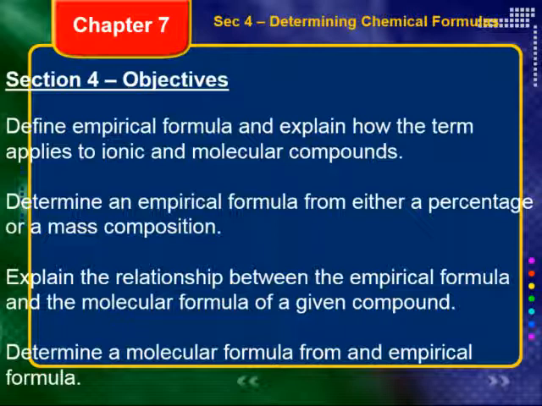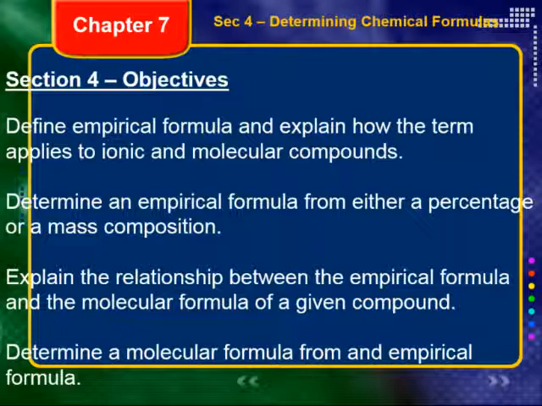So, section 4, objectives. Define empirical formula and explain how the term applies to ionic and molecular compounds. Then, determine an empirical formula from either a percentage or a mass composition. Again, this is where we're going to use what we learned last section, the percent composition, and turn that into an empirical formula.